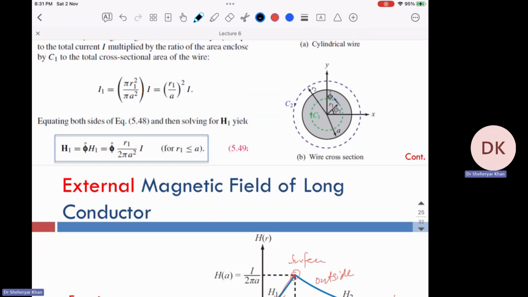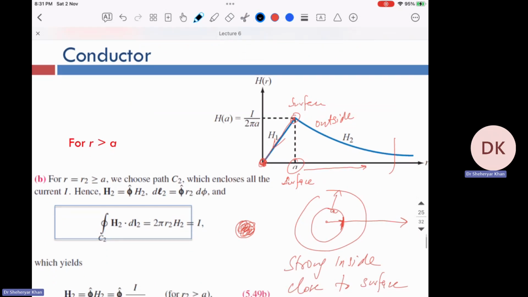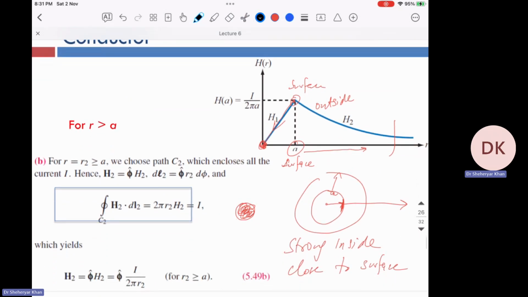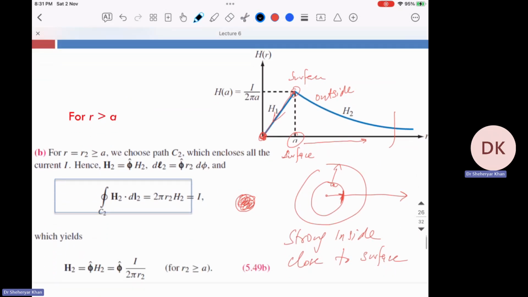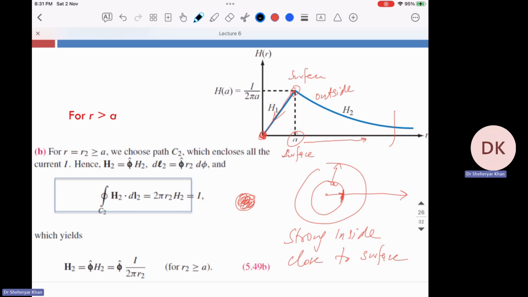If we solve it using Ampere's law, we can derive this formula: H in the phi direction, phi standing for the rotational field, is directly proportional to current, equal to I r1 divided by 2 pi a squared. Now we can also derive the formula for the outer region, and we can see that H2 is also directly proportional to current divided by 2 pi r2.